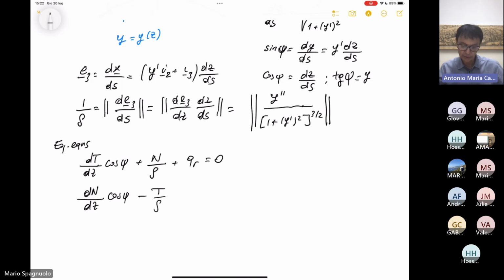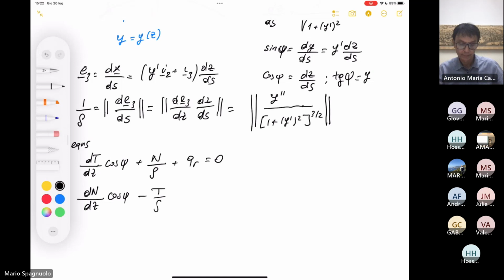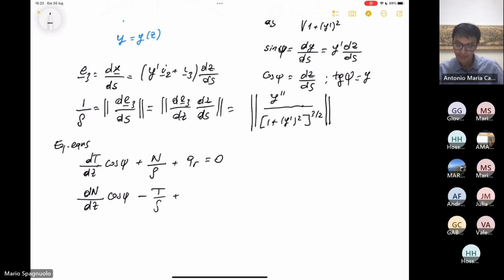These were just dN over ds, but we are using this transformation formula that we have presented, minus T over rho plus QT, equal to 0, and dM over dz cosine of psi minus T plus CB, which are the distributed couples, equal to 0.